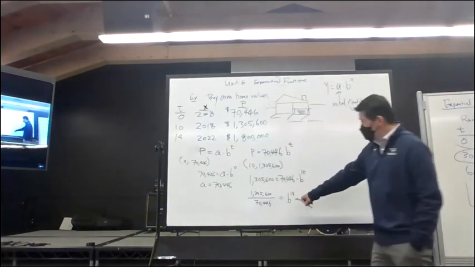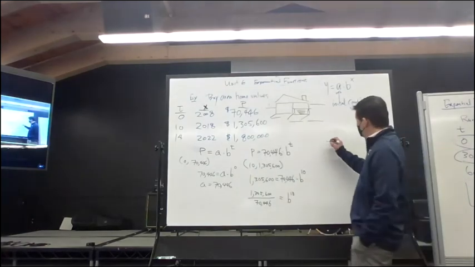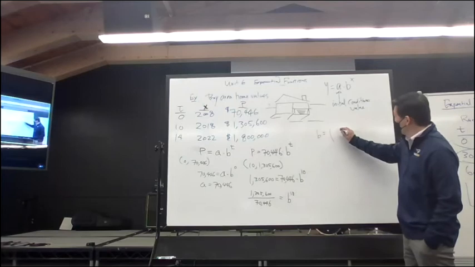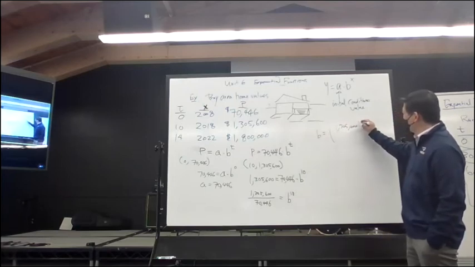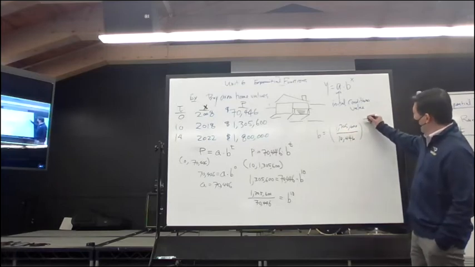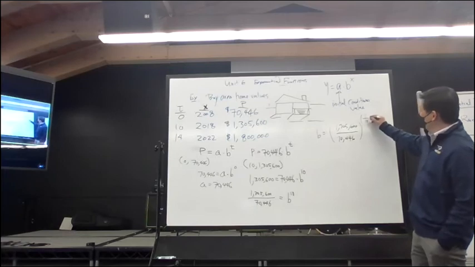So if b to the 10th power is that, it means b is equal to that whole thing, 1,305,600 divided by 70,446, to the power of 1/10.